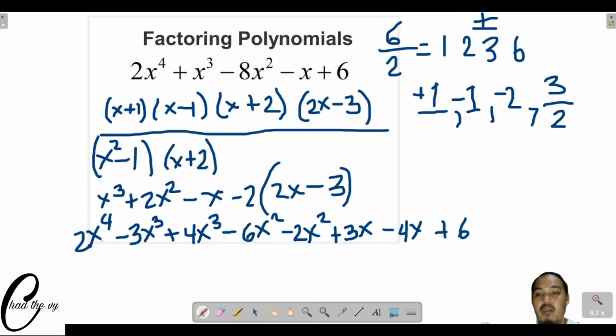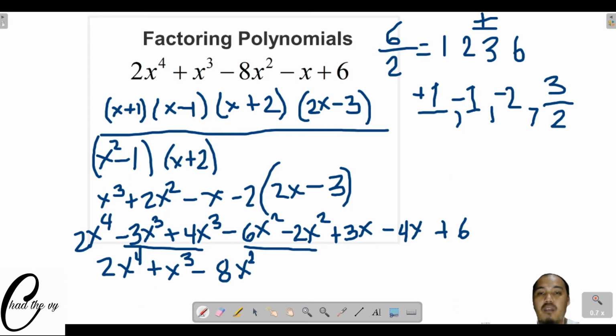Yan, simplify na natin. Copy 2x raised to 4. So, plus x raised to 3. Combine din natin to. Negative 8x raised to 2. Same sign, so add, copy the sign. Then, dito, unlike sign, so copy the sign of the biggest number, which is 4.